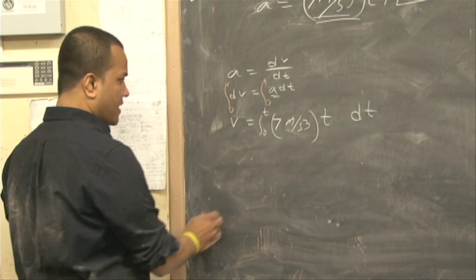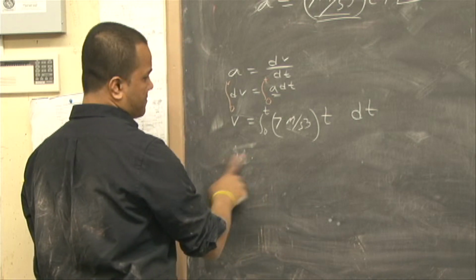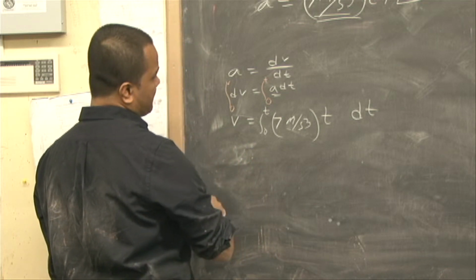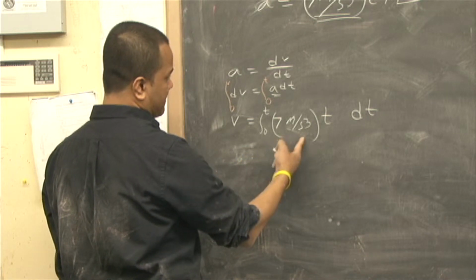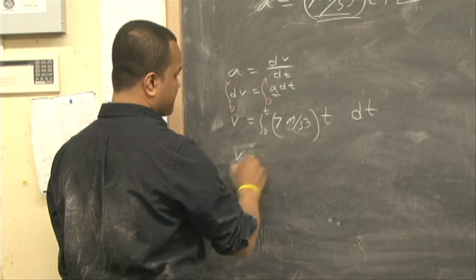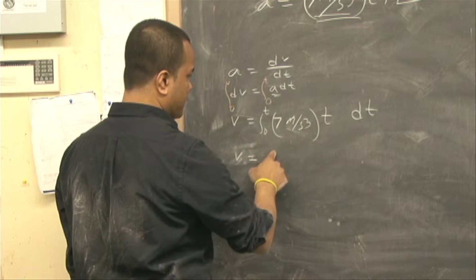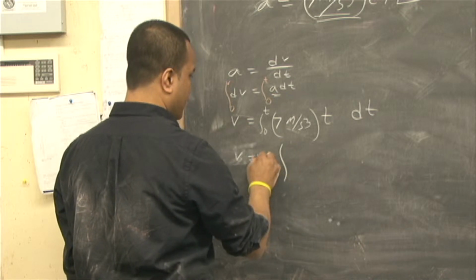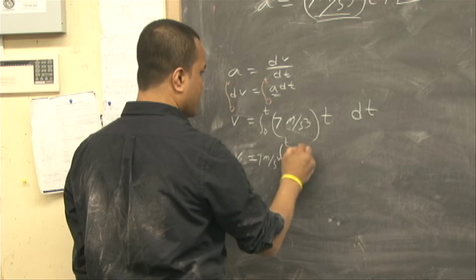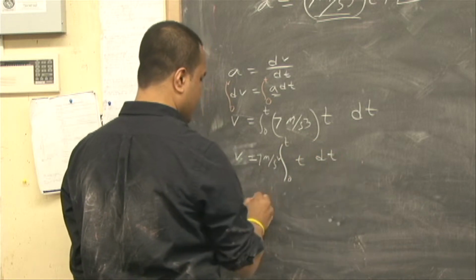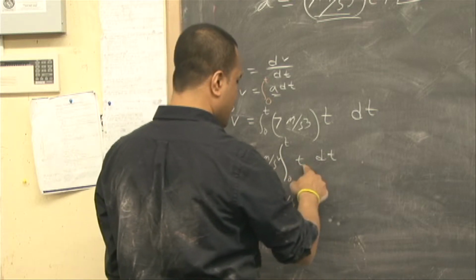So we are basically doing integral calculus, integration. So v is, what are we going to do? We're going to take the integral of this one. Let's put the constant outside: 7 meter per second cubed, integral from 0 to t of t dt.